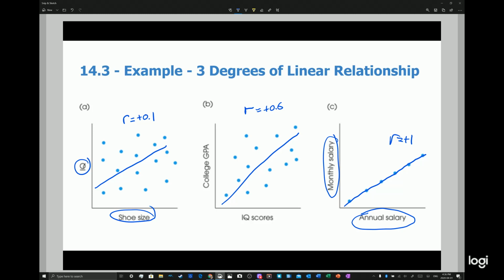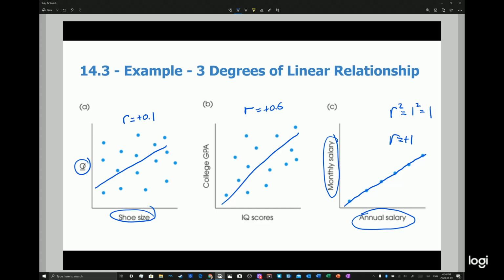When you do your r squared to measure your proportion of shared variability, or your coefficient of determination, we'll go backwards here. Looking at 1, r squared here, 1 squared is 1.